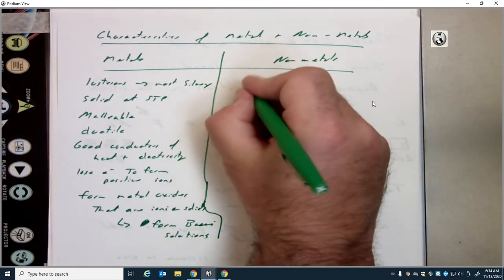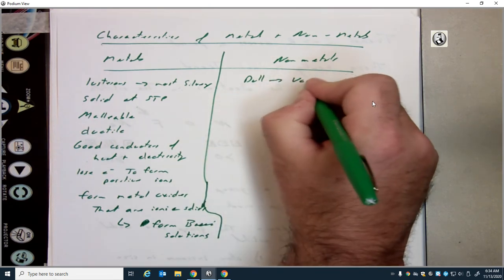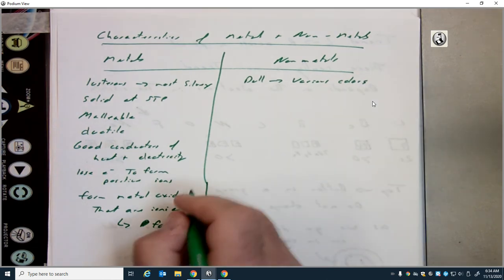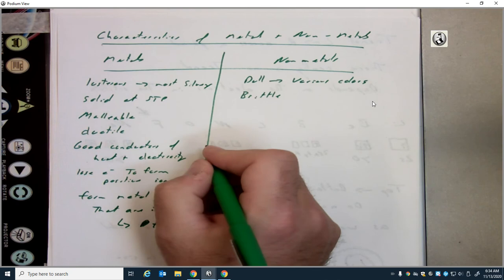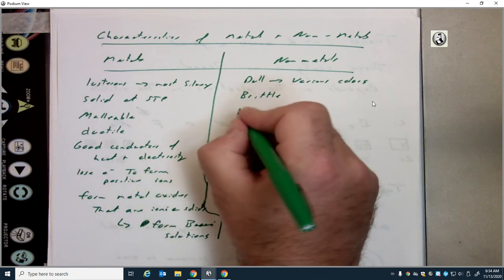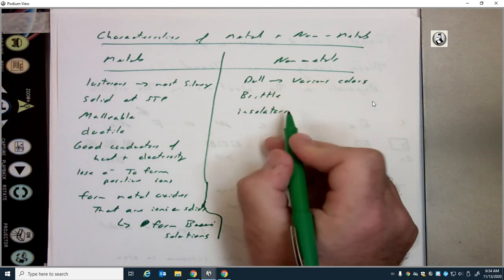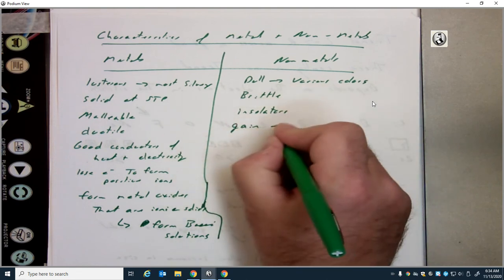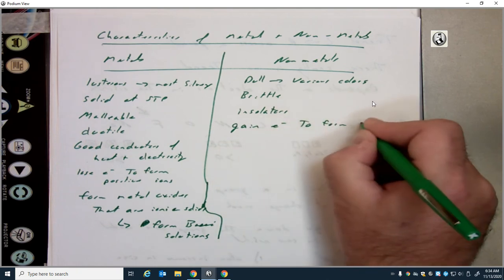Nonmetals are dull, and they come in various colors. They're brittle, so they will shatter. They're insulators; they do not conduct electricity well. These gain electrons to form anions.